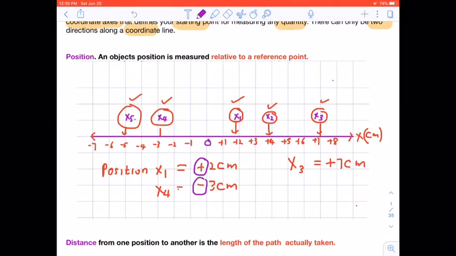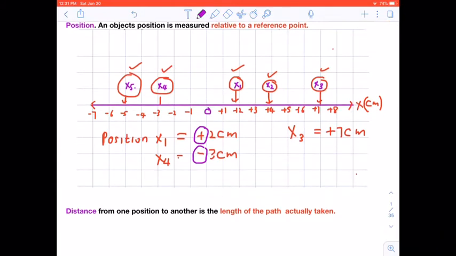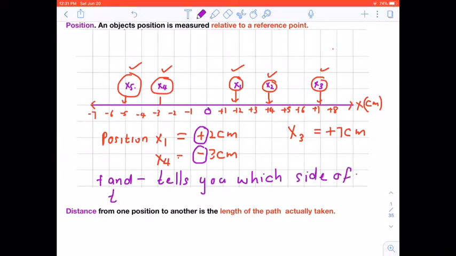Plus and minus tells you which side of the coordinate line the object's position is.